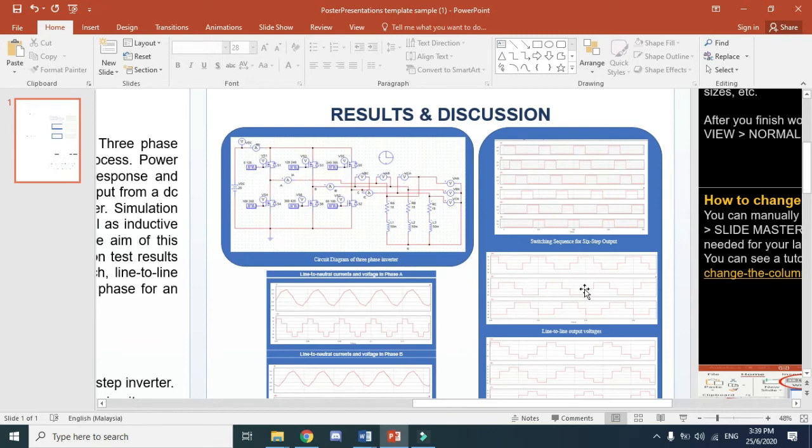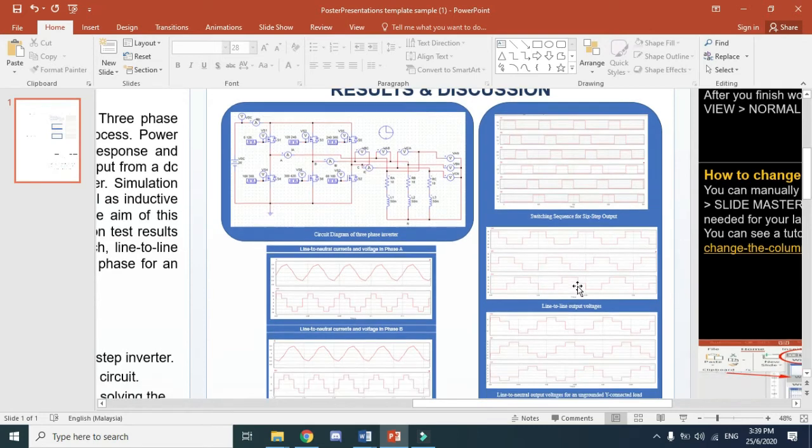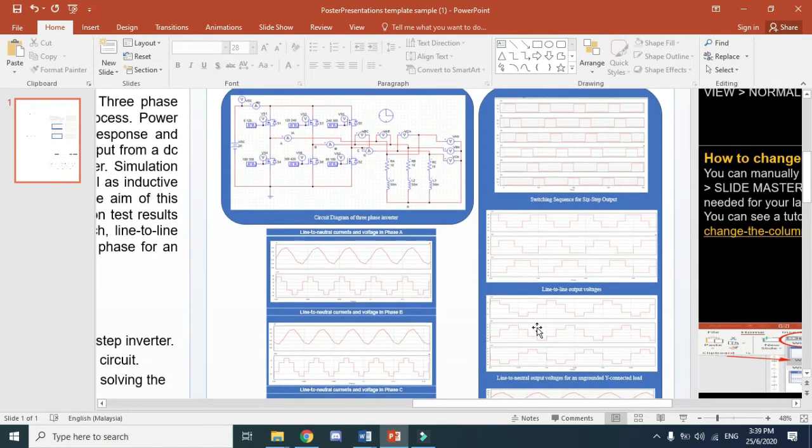Next, for the line output voltage, this is the output waveform. Then for the line-to-line output voltage, this is measured by VAB, VBC, and VCA.